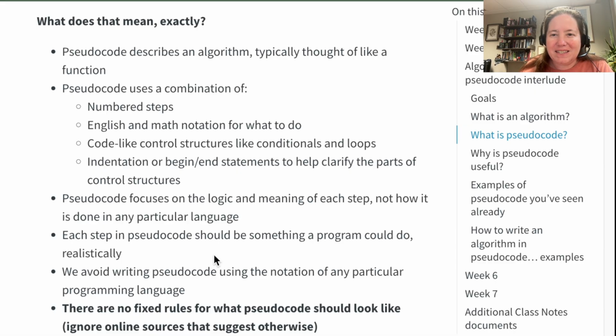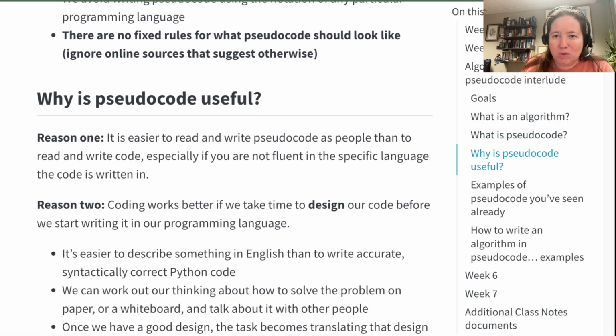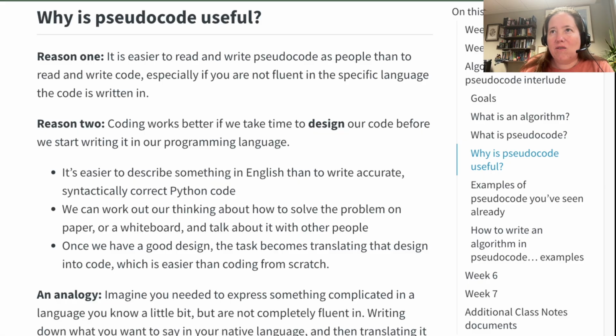You don't want to have a step that would take 100 lines of code to actually implement, because then you're skipping over all of the detail and you're not really explaining how this is actually going to happen. But what I put in bold here is the main point. There are no fixed rules for what pseudocode should look like, and you can ignore any online sources that suggest otherwise.